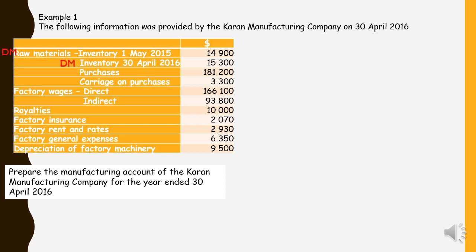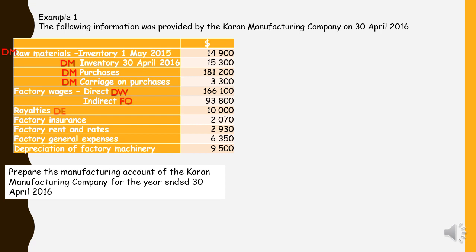Purchases, of course we purchase direct material, so DM. Carriage on purchases, yes, it's related to the purchases of direct material, right? So it's also DM. Then we have factory wages, direct and indirect. Factory wages direct will become DW because it's direct wages, but factory wages indirect will become factory overhead.